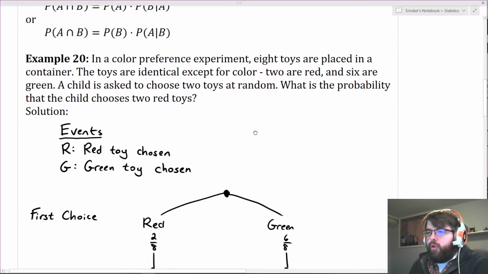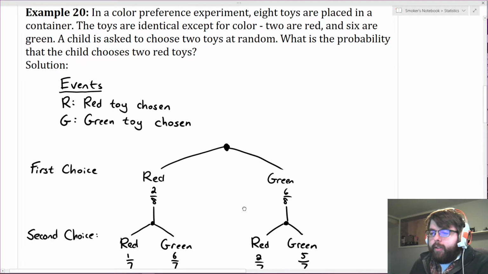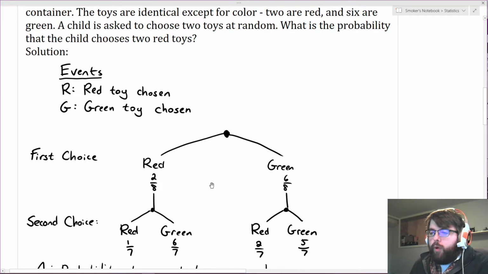So let's go a little bit more slowly through this problem. So the probability of pulling a red toy, I'm just doing a chart here, a probability chart. Since there are 2 red toys out of 8, there's going to be 2 out of 8. The other toys are green, so there's 6 out of 8. Okay, so what's happening here is after you pull one toy out, the second choice is going to only have 7 left.